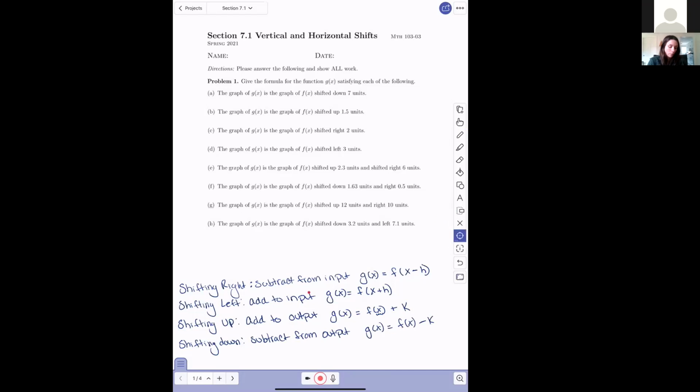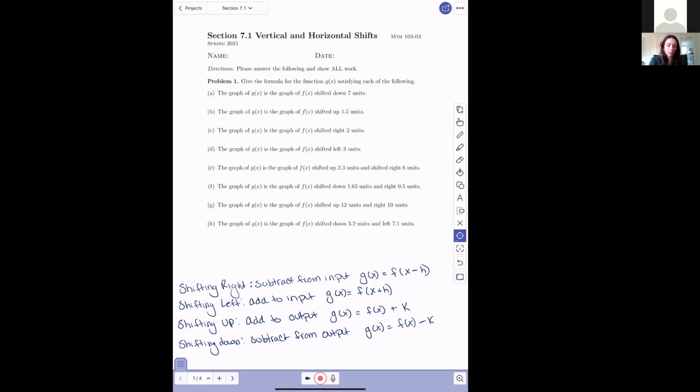Okay, so when we say add and subtract from the input, we mean that we're going to directly add or subtract from our x value. So it will be in parentheses with our x. It's going to attach directly to the x. When we say that we're adding and subtracting to our output, we're adding and subtracting to everything that happens after whatever the function f does.